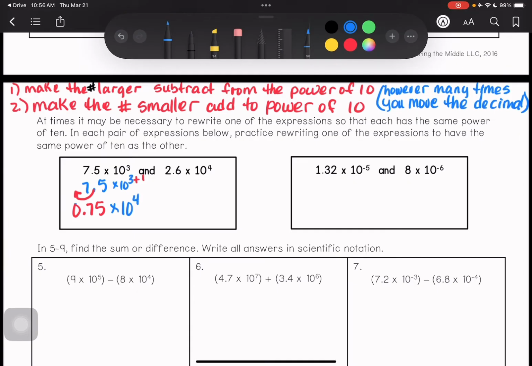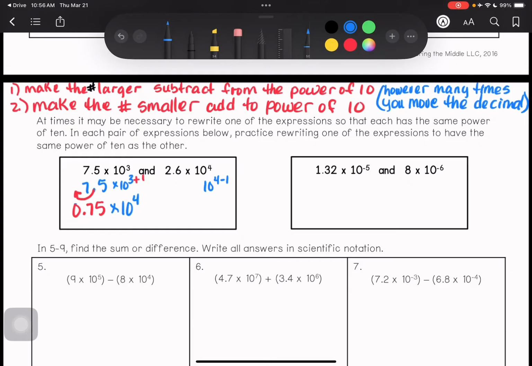The second one, I'm trying to make my exponent 10 to the 4 match the 3, because remember, in order for me to add or subtract, I have to have the same exponent power on my value of 10, okay, on my base 10. So if I want to make my exponent smaller, that means I have to subtract from the power of 10 one digit, because 4 minus 1 is 3, okay?